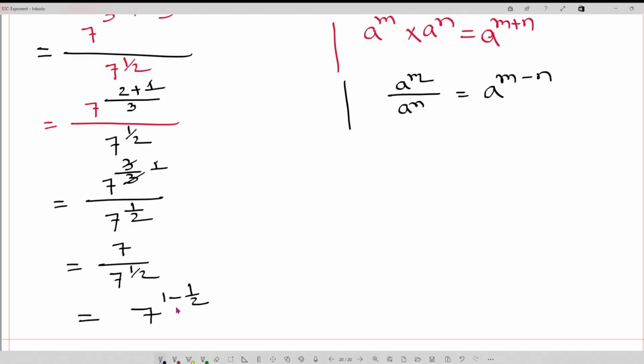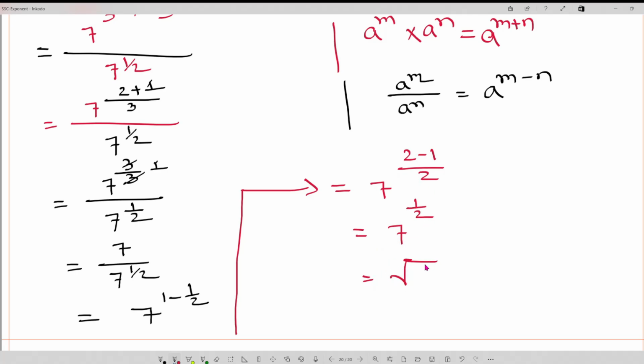Similarly, here is 1 minus 1 by 2. The LCM is 2, so 2 minus 1, and here is 7 to the power 1 by 2. So this one we can write as root 7.